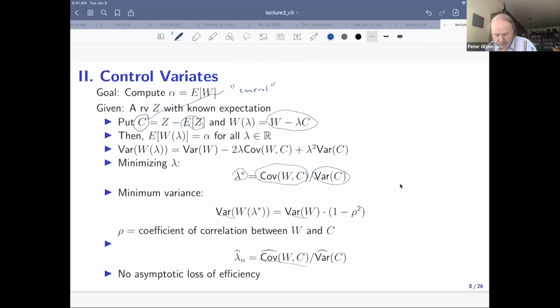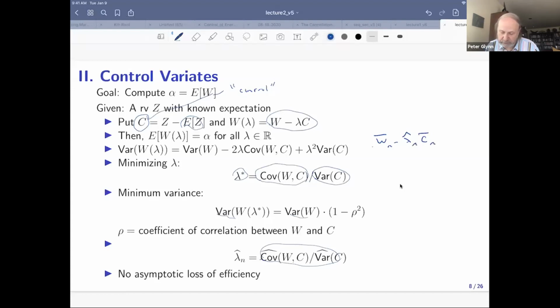And if you plug in those sample estimates, then we get a quantity lambda hat n. And then we can imagine using the estimator W bar n minus lambda hat n times C bar n as our estimator of the quantity alpha.